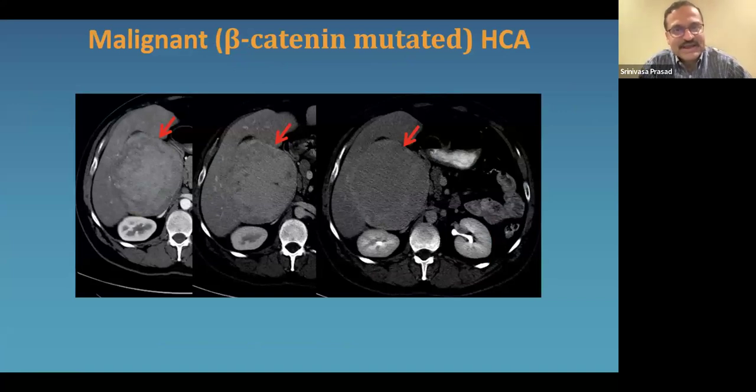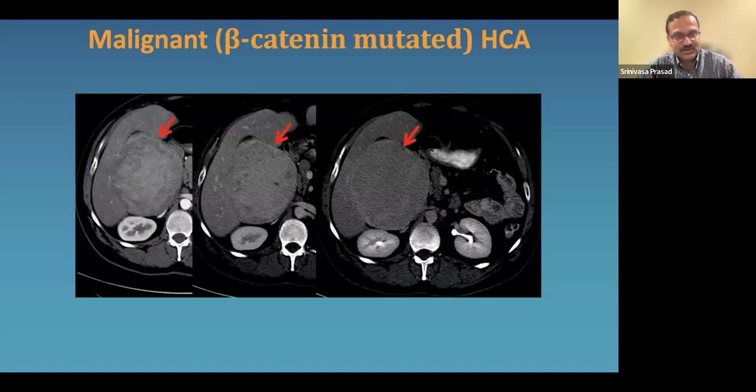The so-called beta-catenin mutated HCA, also referred to as the malignant HCA, is something our pathologists can do the stains for to look for beta-catenin mutations. Any hepatocellular adenoma in a patient with anabolic steroid abuse or in a man, one should potentially call potentially malignant. Most of these tumors in the background of anabolic steroids or in men tend to be beta-catenin HCAs.